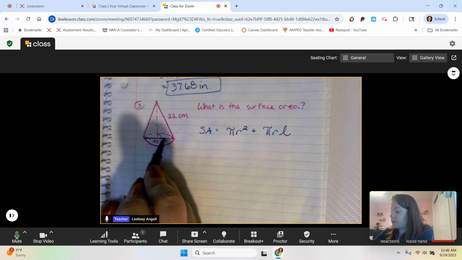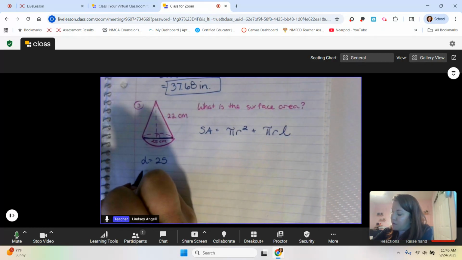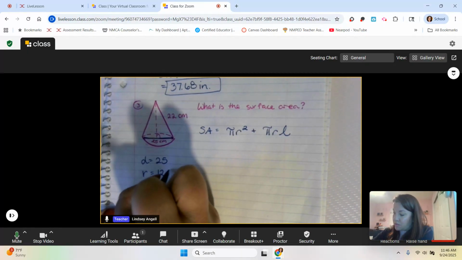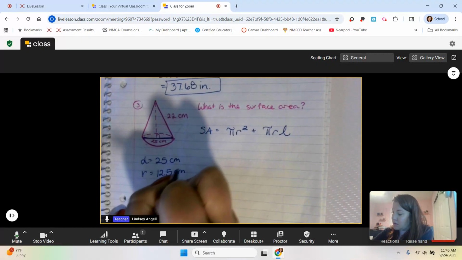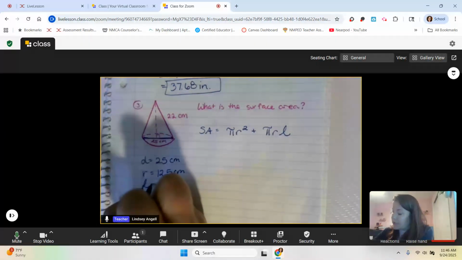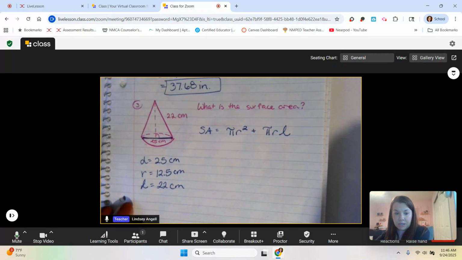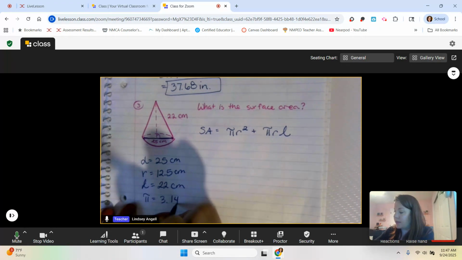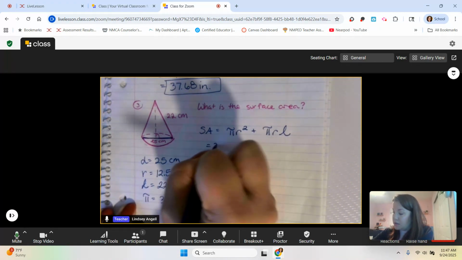They gave us the diameter is 25, which means my radius is half of that, which would be 12.5. These are all centimeters. And then our slant height, or L, is 22 centimeters. Like we've been doing, we're going to consider pi as 3.14. Okay? And then we just plug it in.